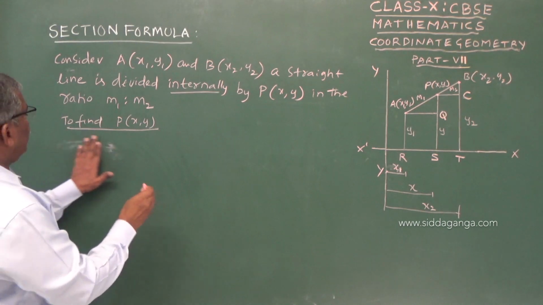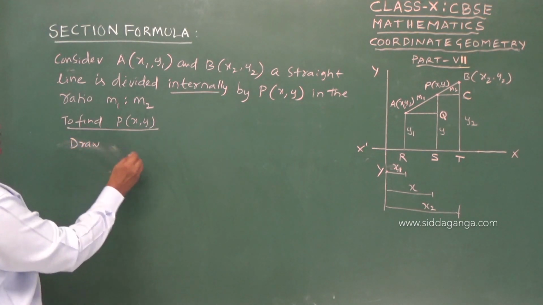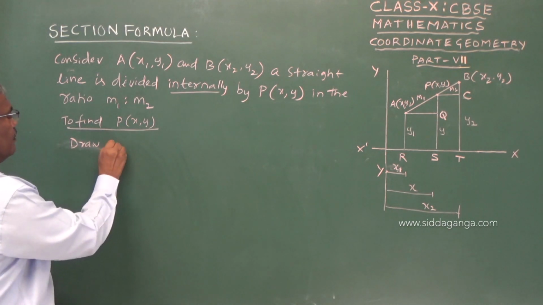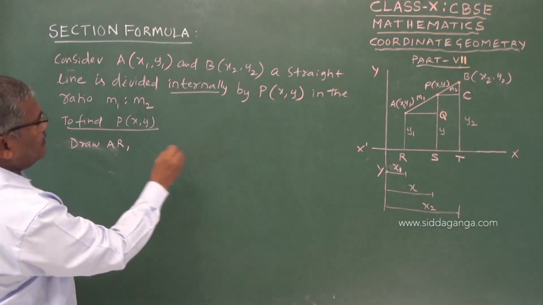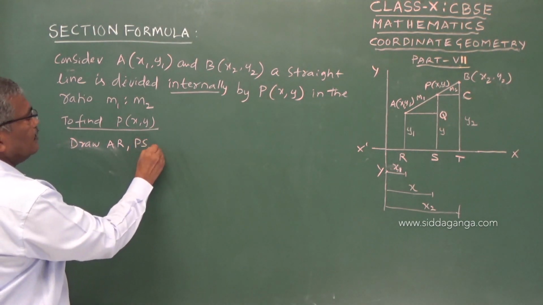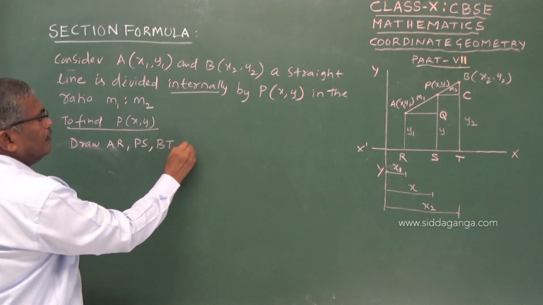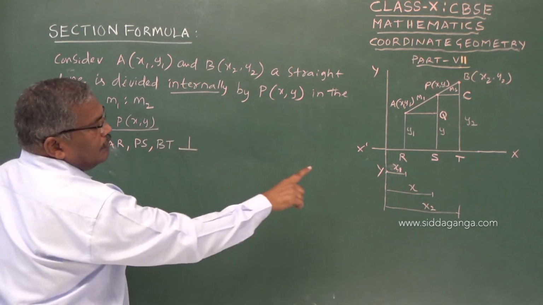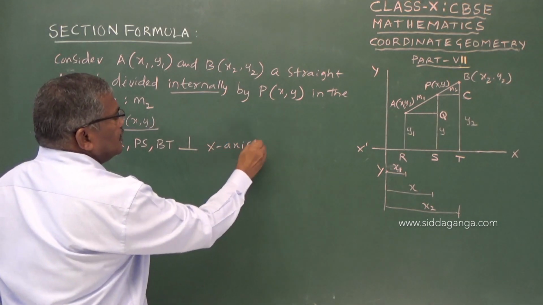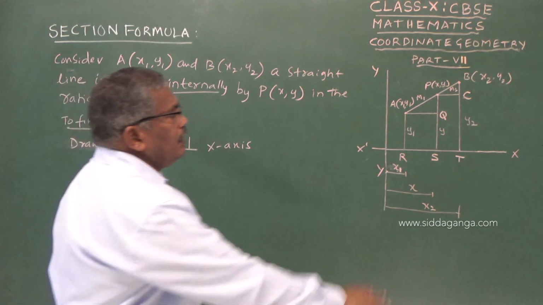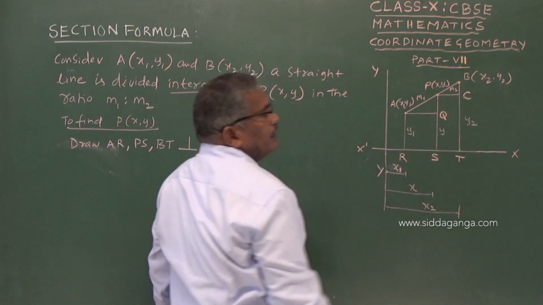I will directly write: draw AR, PS, BT perpendicular to the x axis. I think this explanation is enough. So these three lines we have to write.